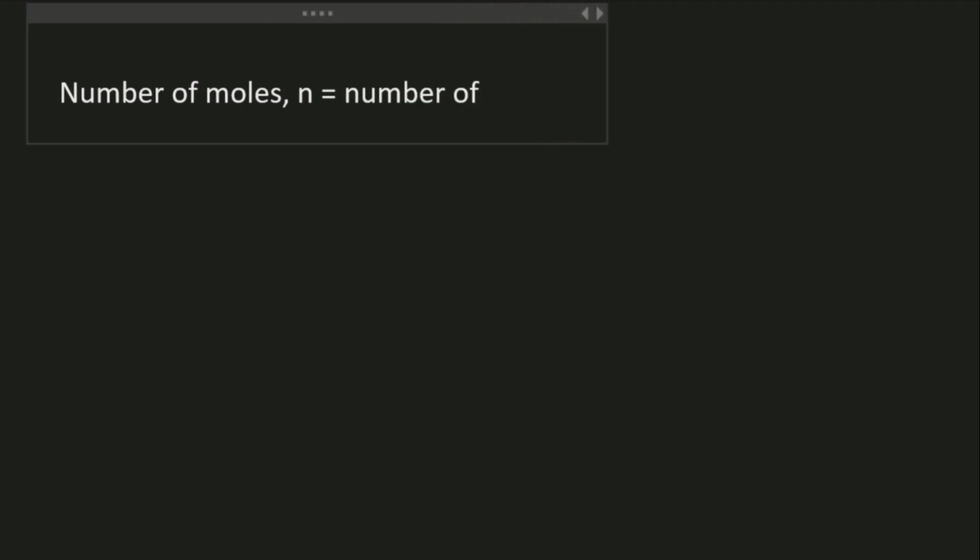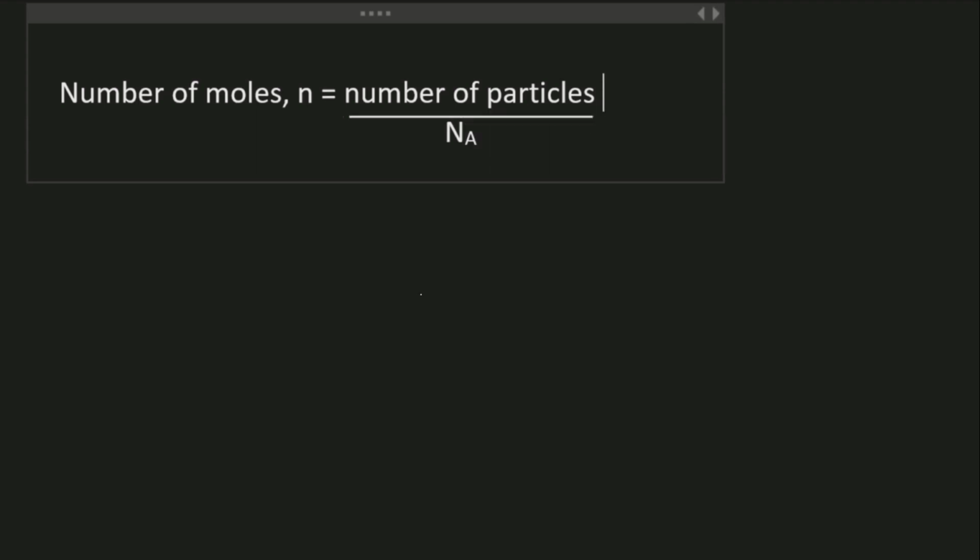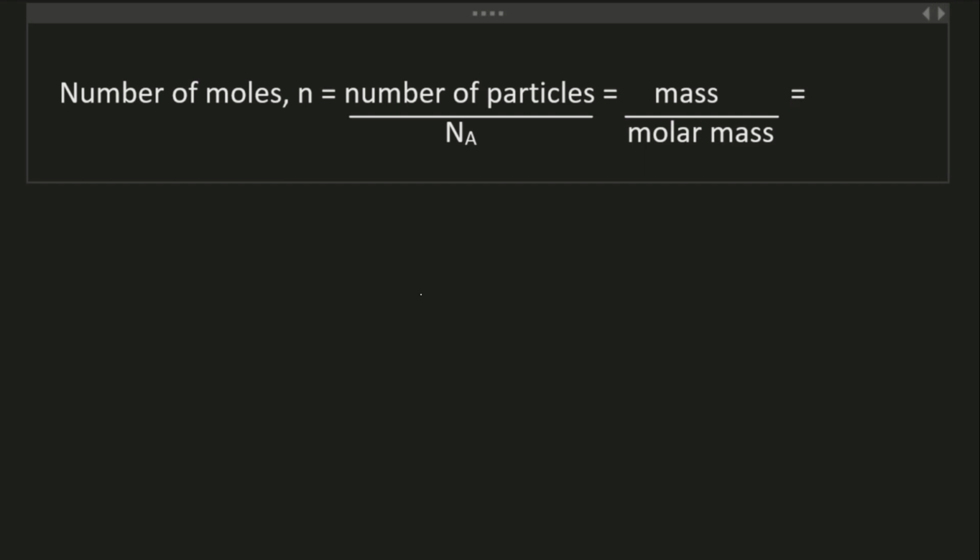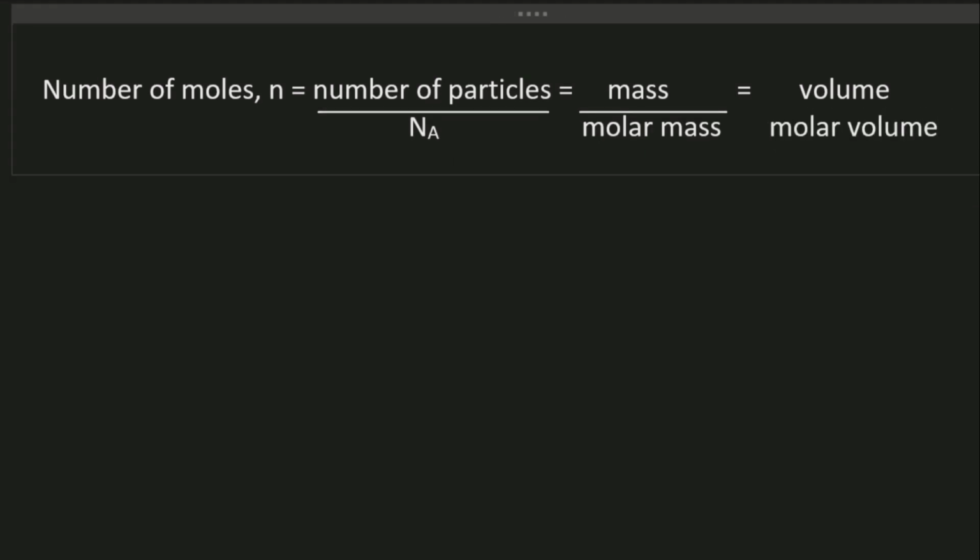Let's put all three relationships together. The number of moles of a substance is equals to the number of particles divided by Avogadro's constant. It is also equals to the mass of a substance divided by the molar mass of the substance, which is also equals to the volume of a substance divided by the molar volume of a substance.